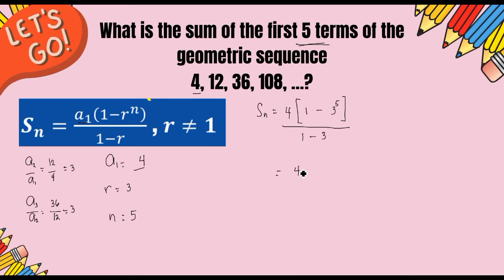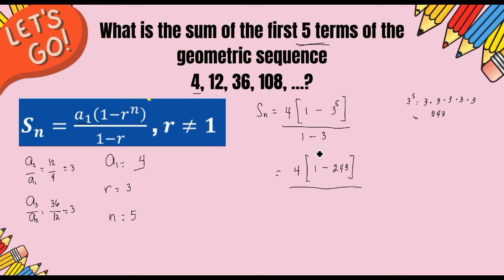Then, we will have 4 times the quantity 1 minus. So, 3 raised to 5, it means 3 times 3 times 3 times 3 times 3. And that is equal to 243. So, magiging 1 minus 243, all over 1 minus 3.